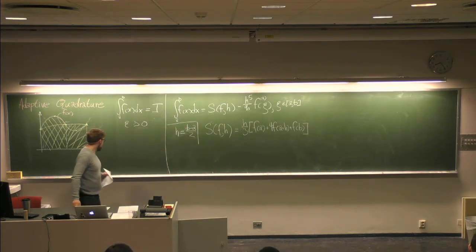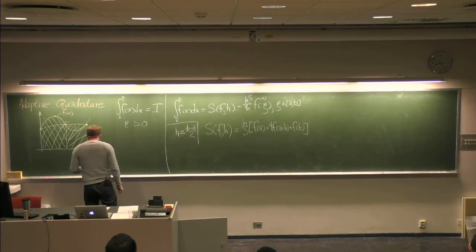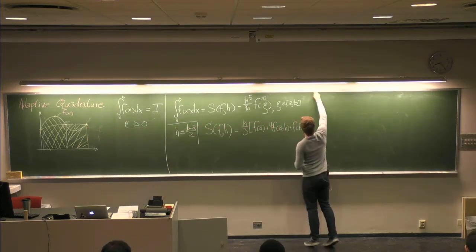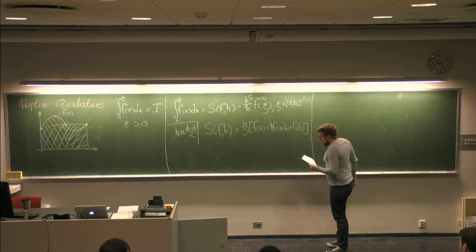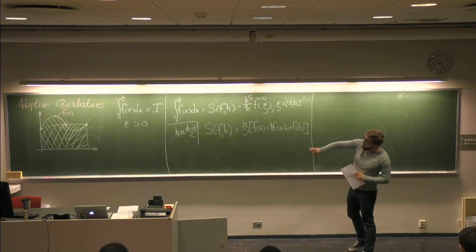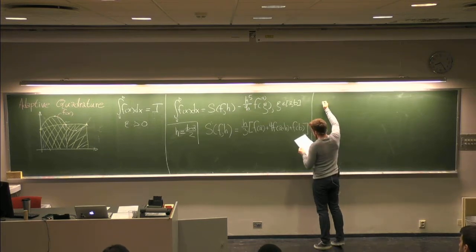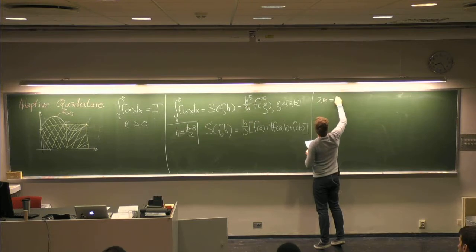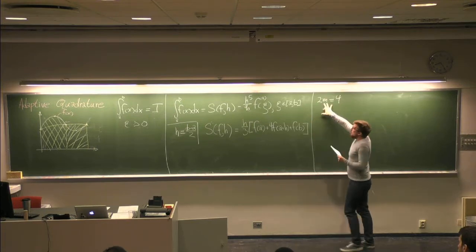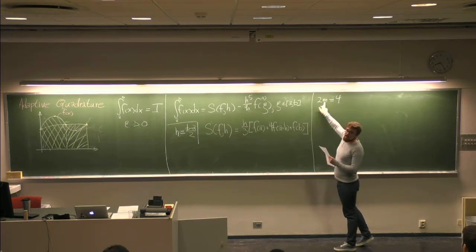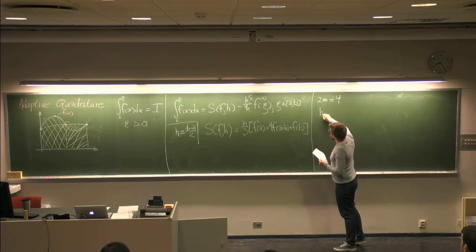Where's my chalk gone? So basically what we're going to do now is apply Simpson's rule on this. Now we'll have 2 intervals. That means that 2m equals 4, because m is the number of intervals, but we will still keep our old h.